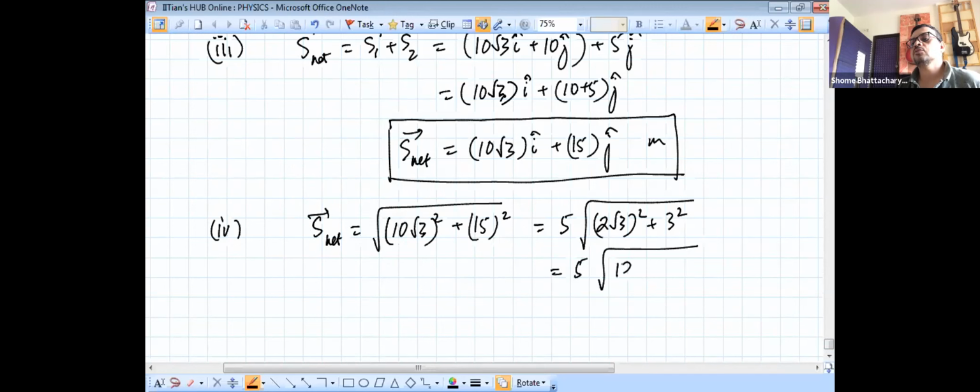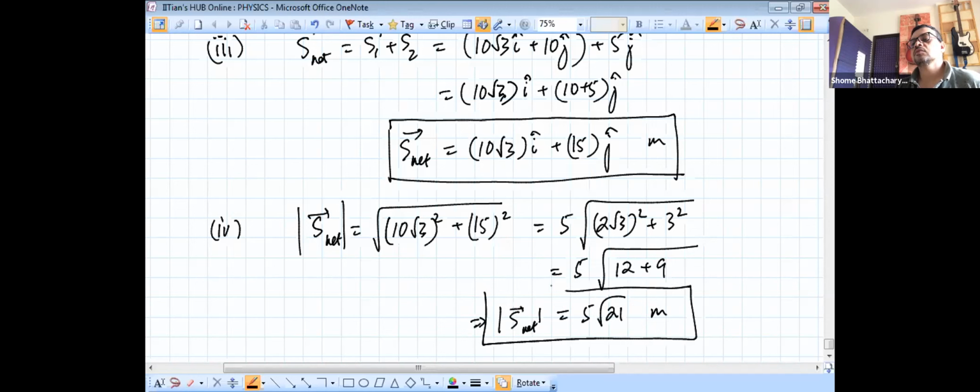So this will become 12 plus 9. So 5 root 21 is your answer, the magnitude of the net displacement. Now we'll justify this geometrically also, but just make a note of this first.